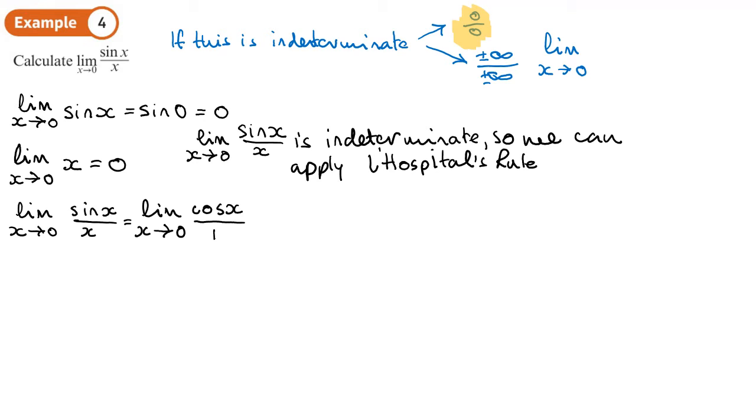So the question now becomes evaluating this. So cos 0 is 1, and then we just have 1 at the bottom, so it's just 1. So we can probably finish it off by saying, so the limit as x tends to 0 of sine x over x equals 1, and that's done.